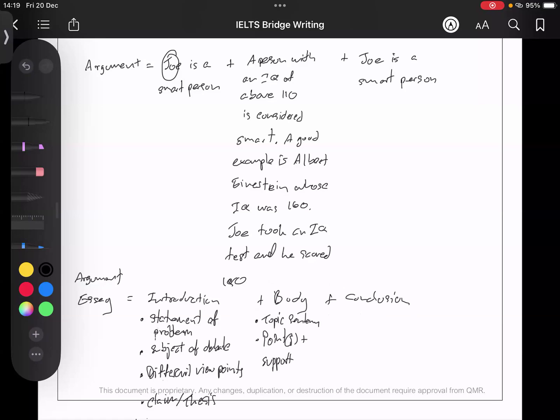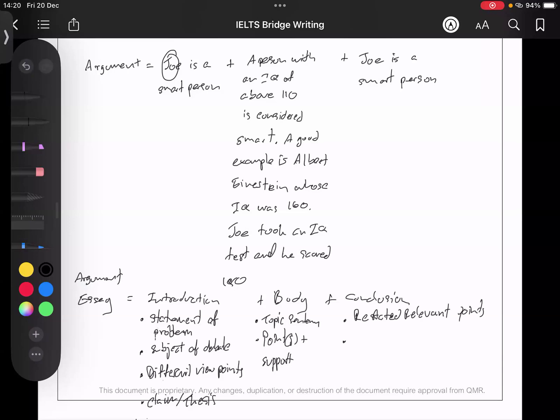Right. And last but not least, conclusion paragraph. So when you write conclusion, like I said earlier, you will have to restate all those points that are relevant. Restated relevant points.